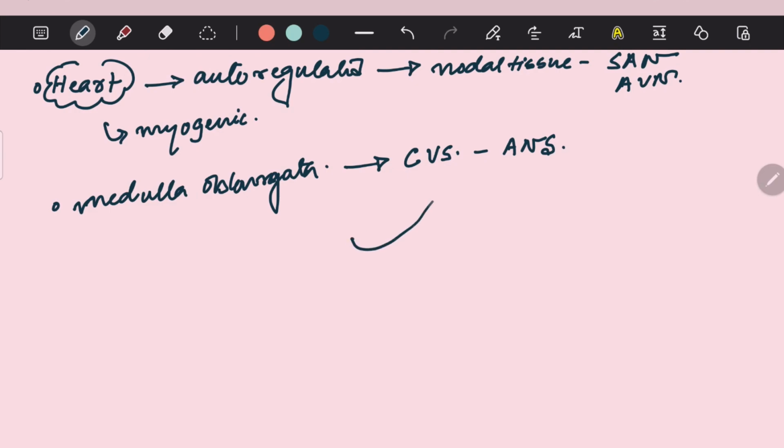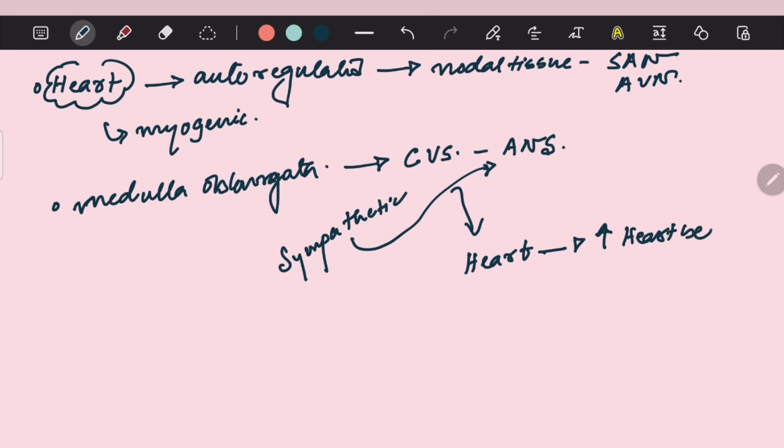What happens is, the sympathetic nerves from the ANS control the heart, and they can actually increase the heartbeat.